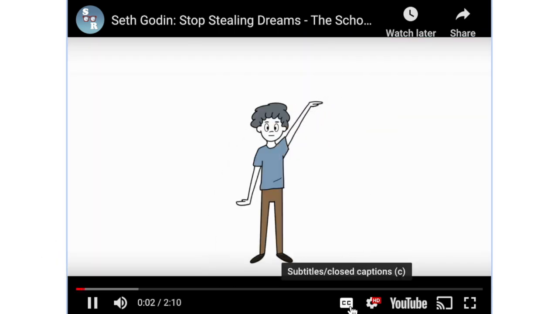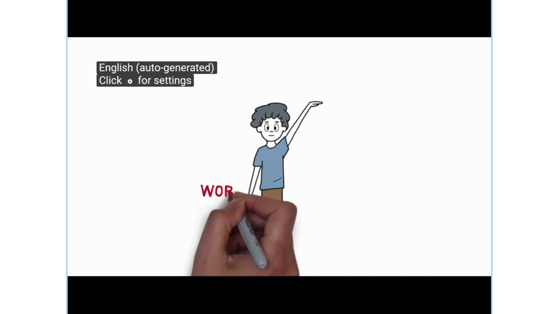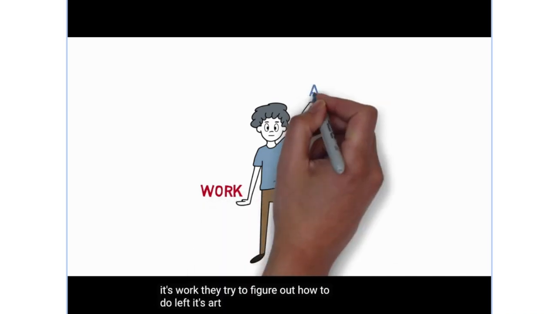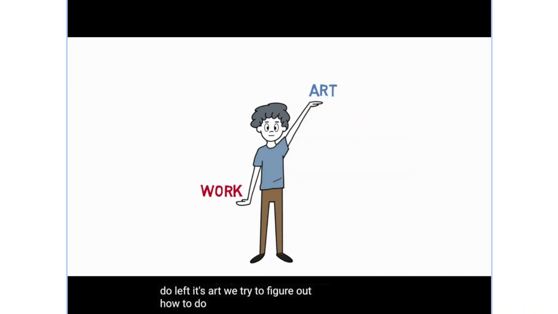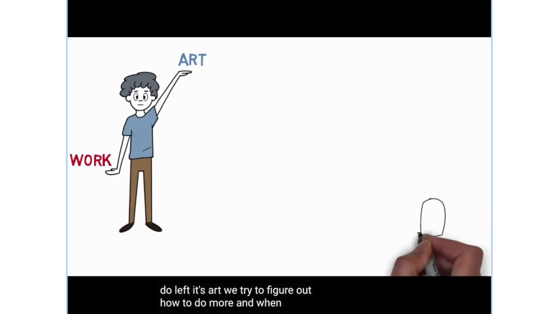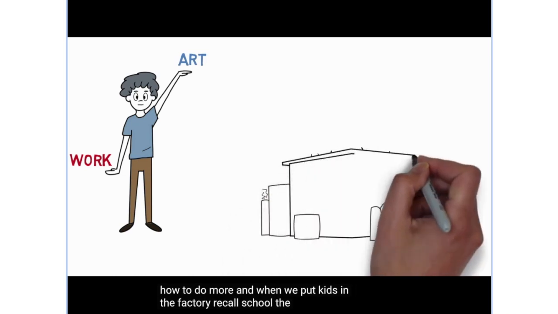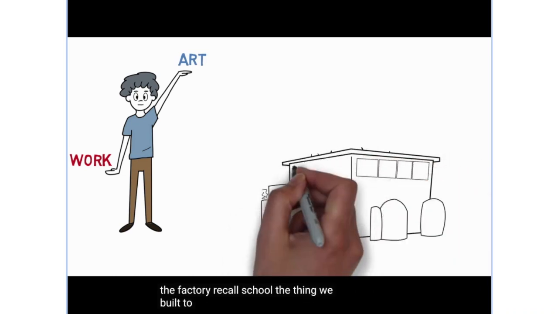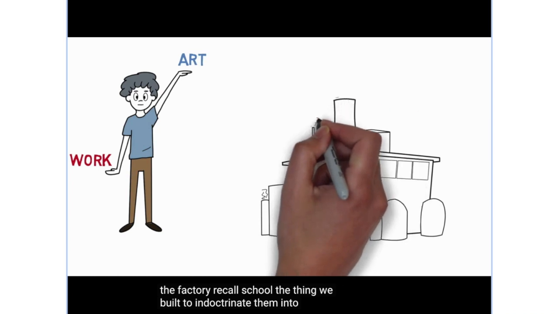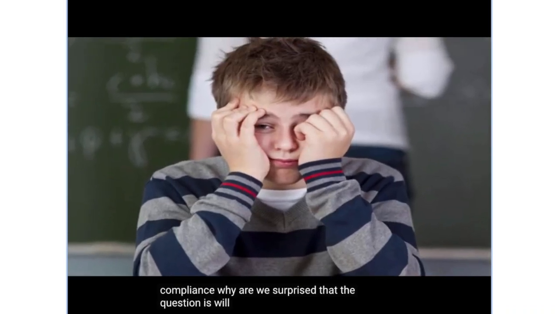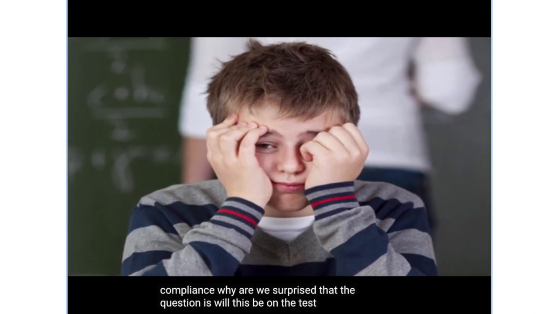What people do, quite naturally, is if it's work, they try to figure out how to do less. And if it's art, we try to figure out how to do more. And when we put kids in the factory we call school, the thing we built to indoctrinate them into compliance, why are we surprised that the question is, will this be on the test?